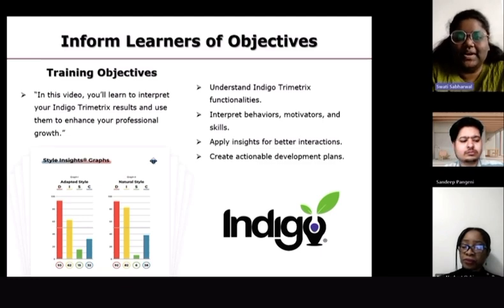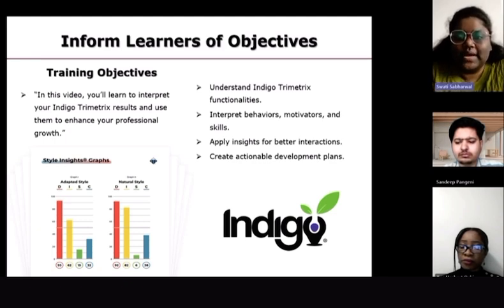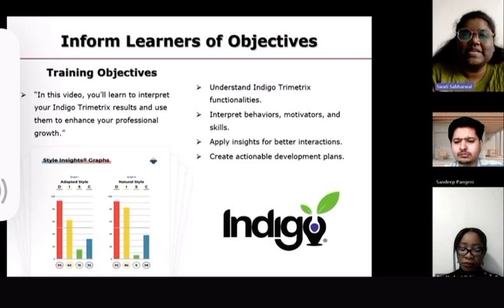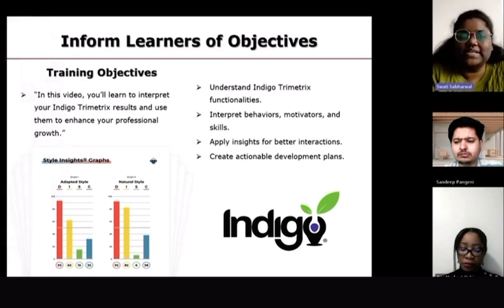Hi, Professor. Firstly, I am very excited to share my insights and inputs about this particular tool. As we all did the Indigo Trimetrics assessment during our first or second semester in the HRMT already, I was very inquisitive to know such personality traits, and of course, you were also, because that is something different which we got to know more about.